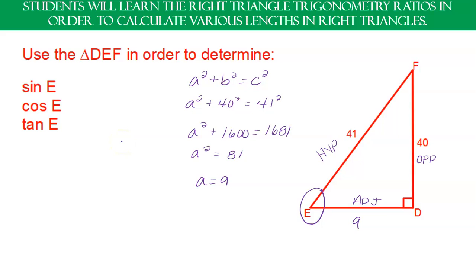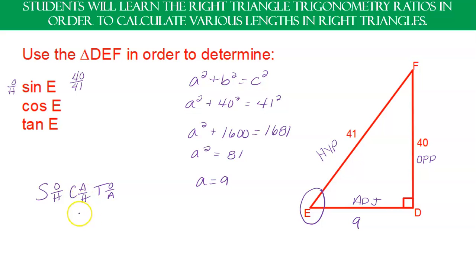All right, so now I just have to write my ratios. Sine, well, I remember some old hippie caught another hippie tripping on acid, or SohCahToa. So sine is opposite over hypotenuse. The side opposite is 40, the hypotenuse is 41, so this is 40 divided by 41.